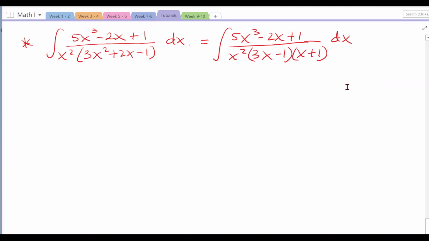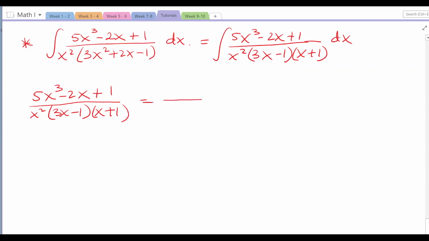So we can write down on the side here: (5x cubed minus 2x plus 1) all over x squared times (3x minus 1) times (x plus 1) equals the elements of our partial fraction.